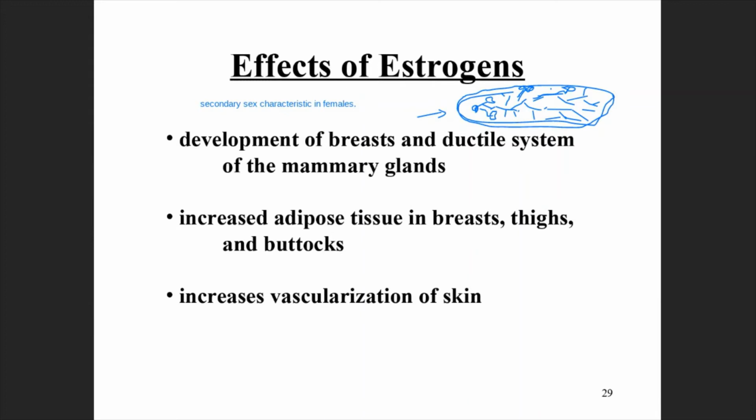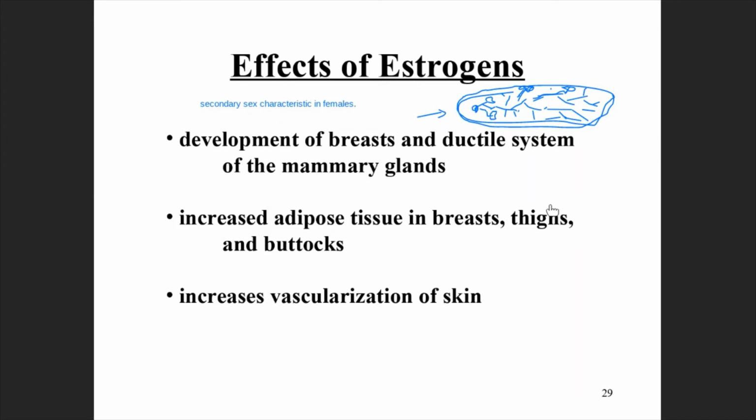Then it comes back to as normal as possible to before pregnancy. You will also see a lot of fat deposited in the breast and the buttock area, vascularization to the skin, and start of menstruation, as well as the development of pubic hair.